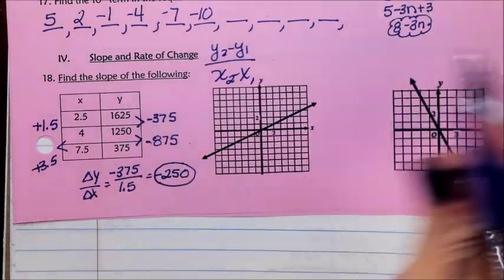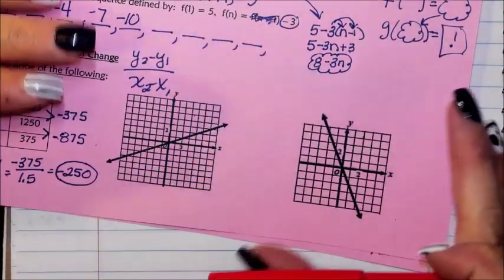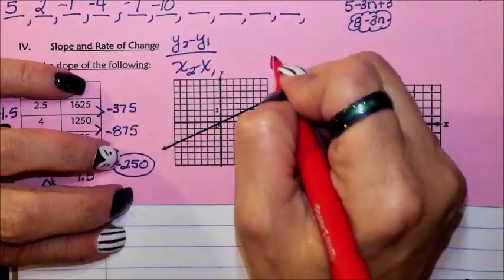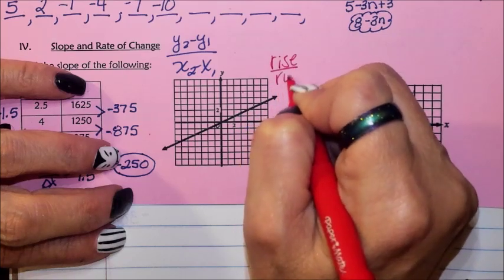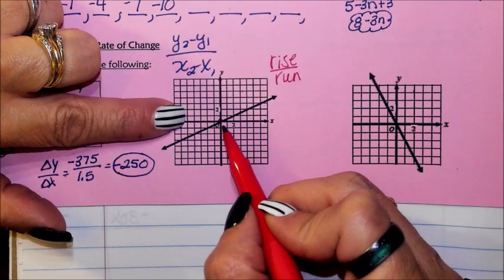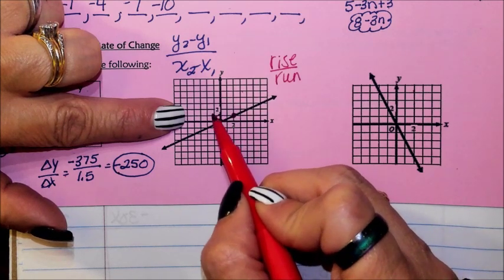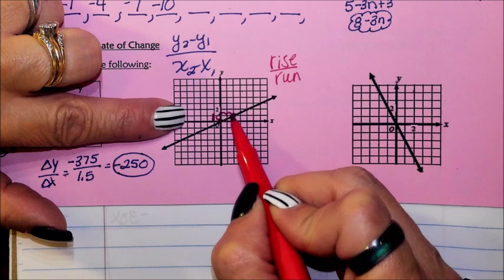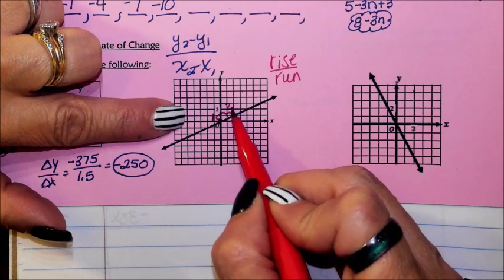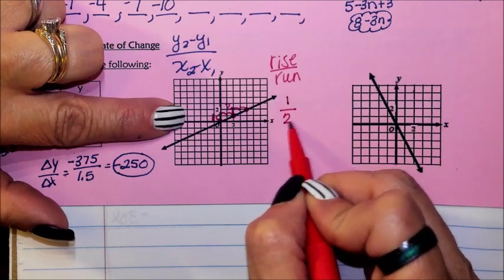All right. Let me change pens to my red because it's a little easier to do with these. All right. Rise over run. So this goes through 0, 0. I'm just going to find another point. Looks like 1 right there. Rise up 1, run over 2. 1, 1, 2. So rise up 1, run over 2.